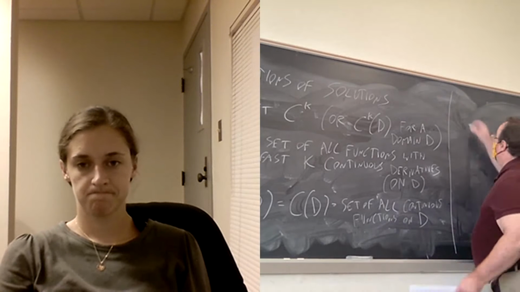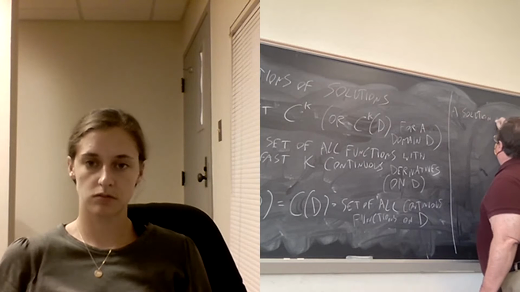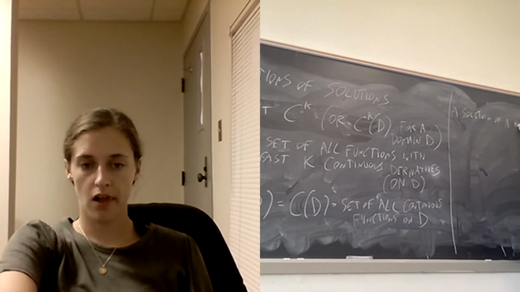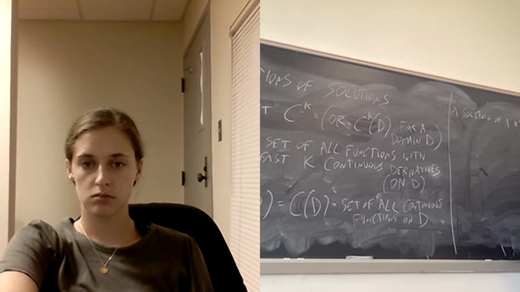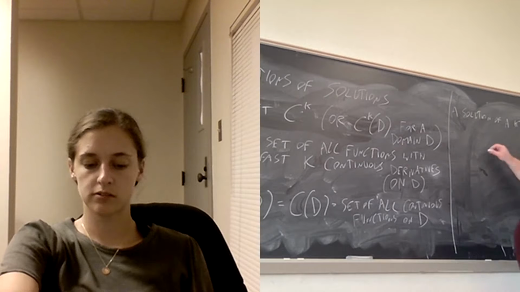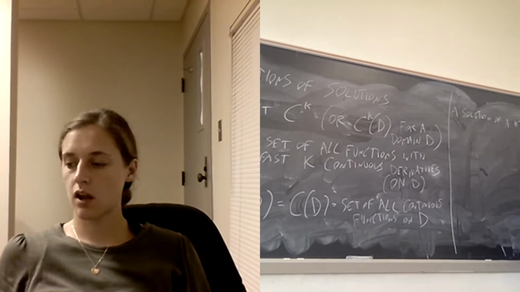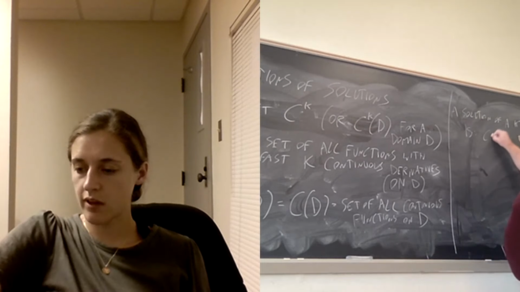So suppose you have a solution of a PDE of order k, meaning that it consists of derivatives or partial derivatives up to and including order k. Oops, a k-th order PDE. So it's considered a classical solution.